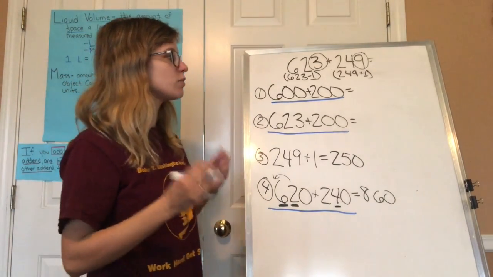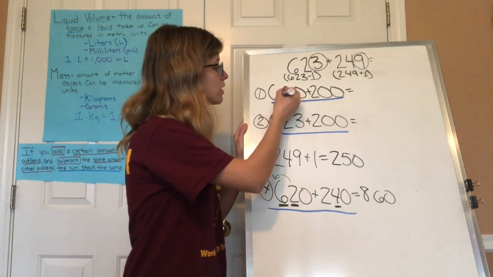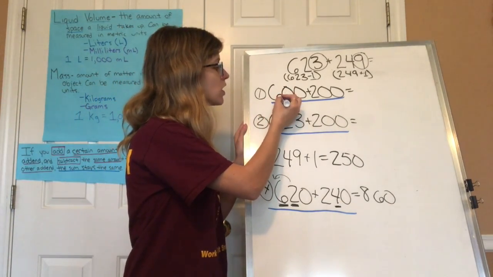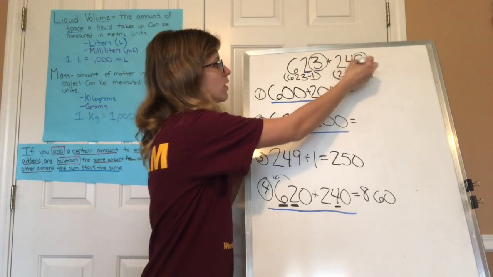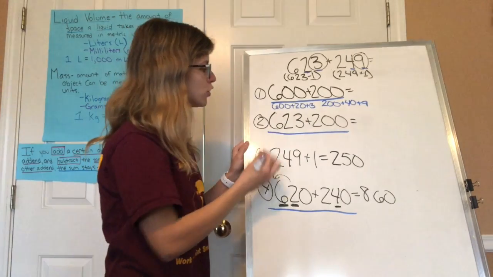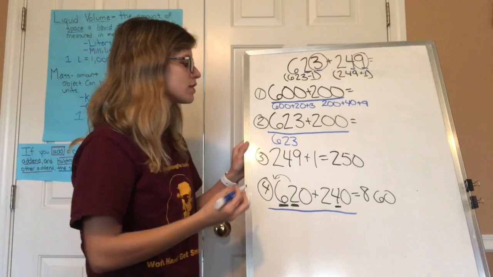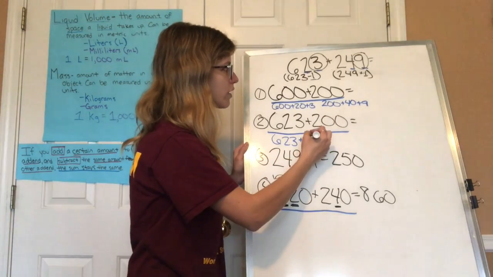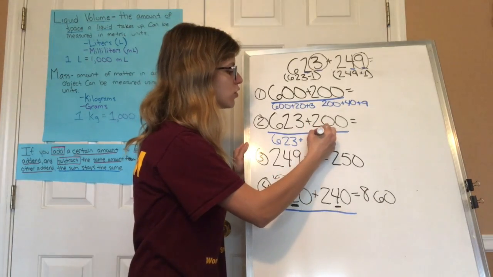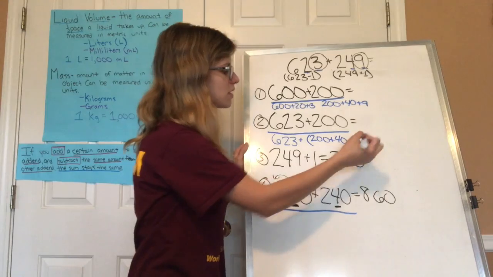That's because you're breaking apart the numbers that you're adding up. So for this one, you broke it first into hundreds, and then you'd be adding the tens, and then the ones. In 2, you kept my first number, 623, the same, but then you broke apart 249 into 200 plus 40 plus 9.